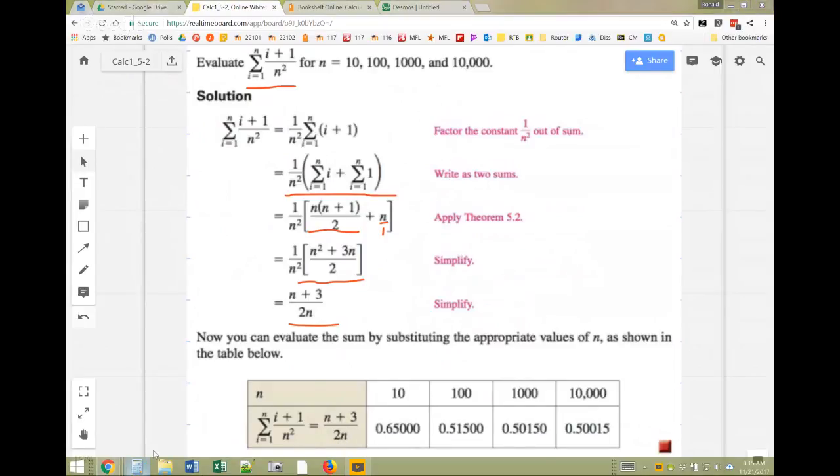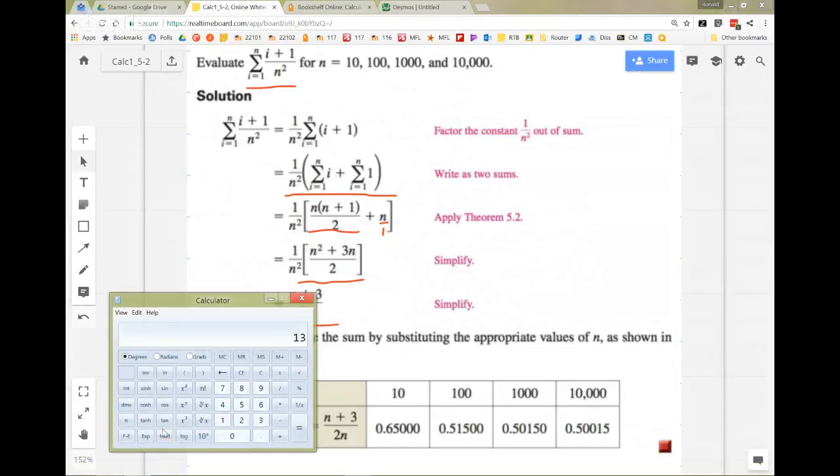And if we just do that, 13 divided by 20, you can see we get 0.6500. Okay, let's do it for 100. So we now have 103 on the top divided by 200. You can see that's the 0.515 here, and so forth.